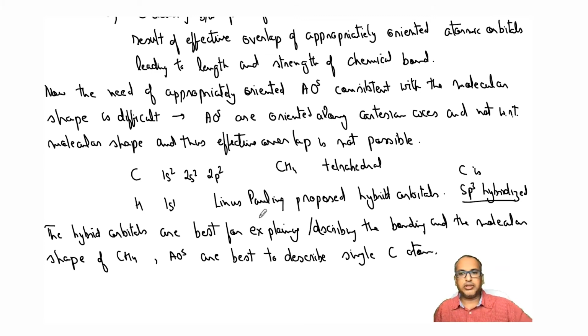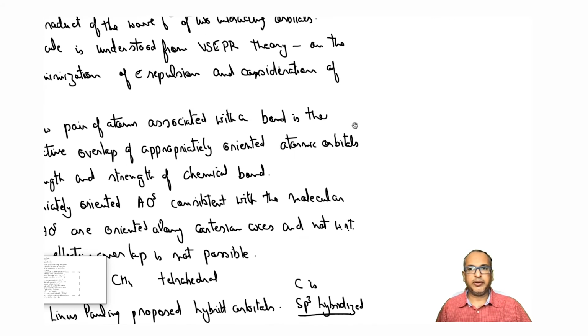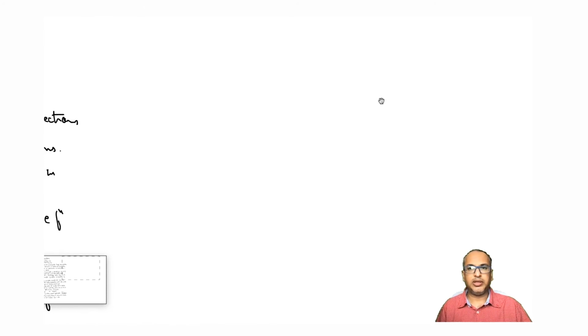So let us now see how symmetry and group theory arguments can be used to develop what atomic orbitals can be mixed to give you a hybrid orbital, okay, which will satisfy the tetrahedral shape of the molecule. All right, so let's go there.